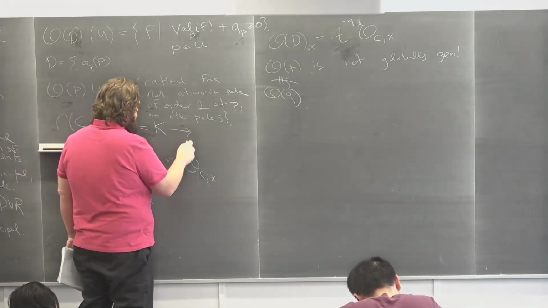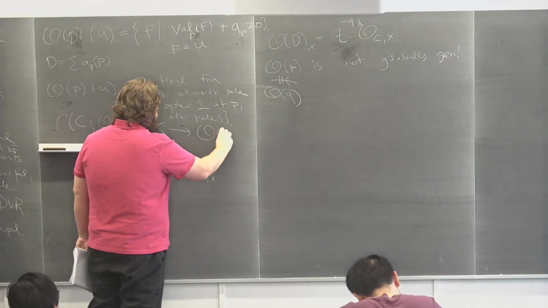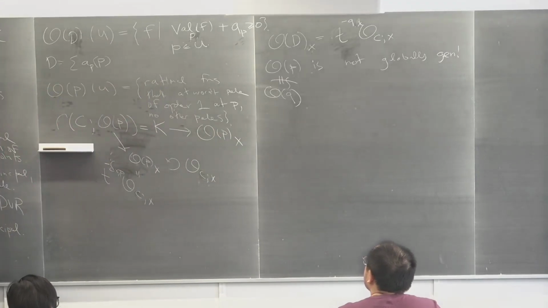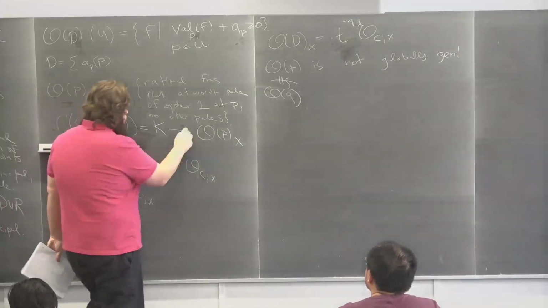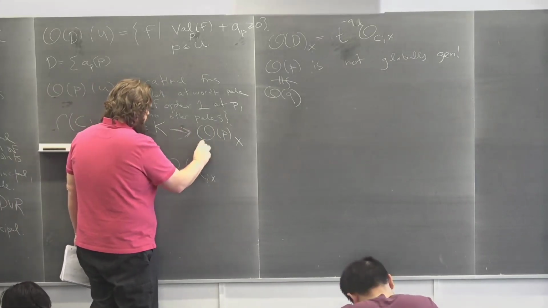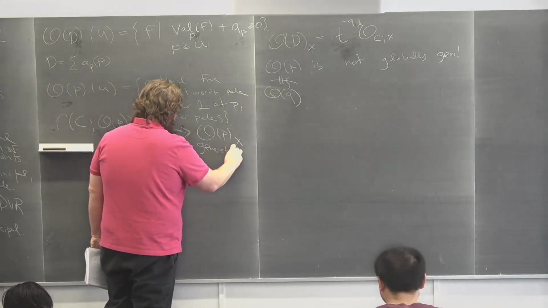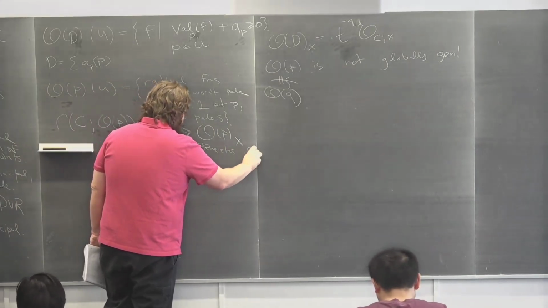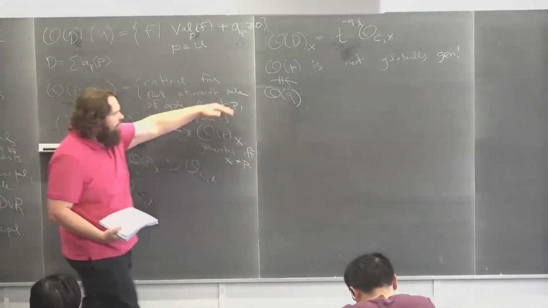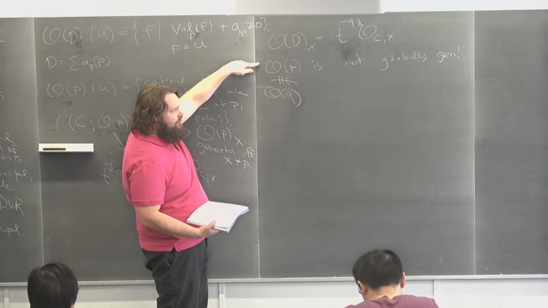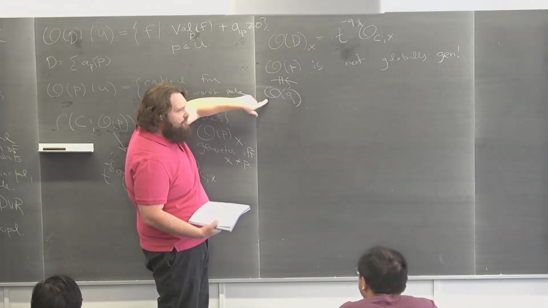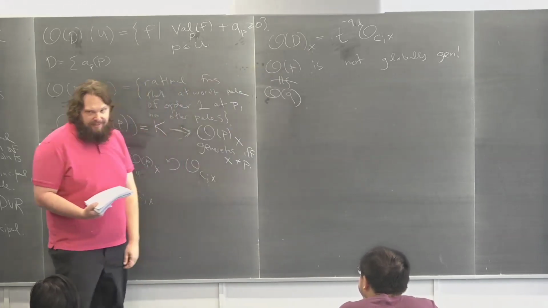This map to the stalk is surjective if and only if X is not P. Sorry, I should say it generates. So these guys can't be isomorphic because this guy has a section that generates the stalk at Q. This guy doesn't. This guy has a section that generates the stalk at P. This guy doesn't.